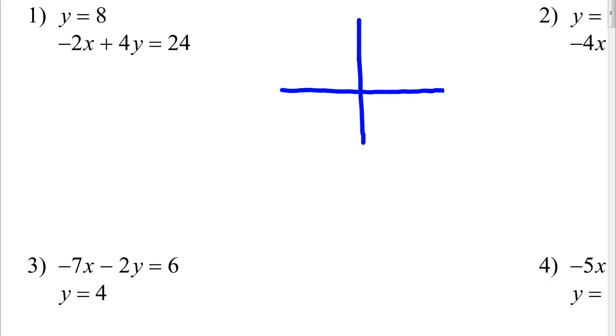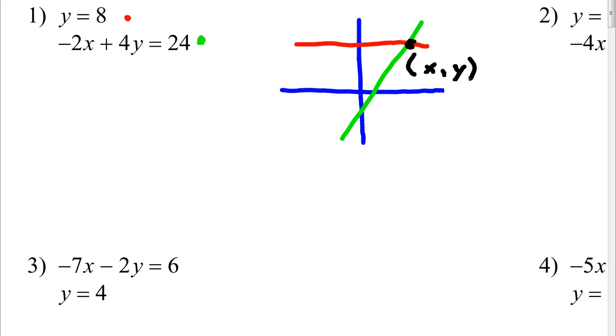The question was, if you graph two lines, such as y equals 8, this one right here, you have to solve for y in slope-intercept form. The answer was where they intersected. So the answer is always some x and y.